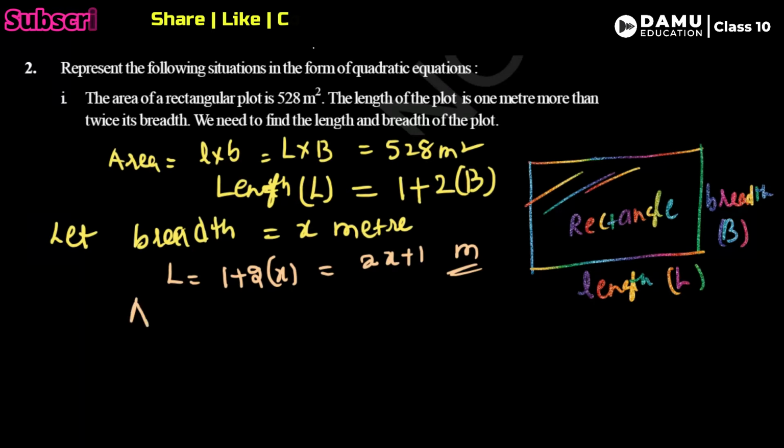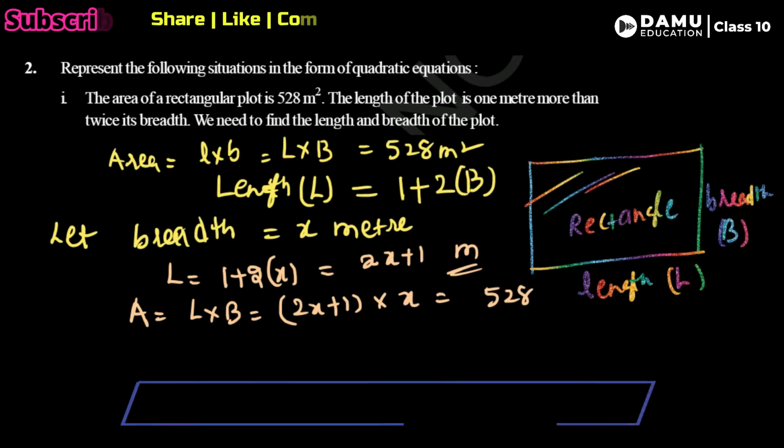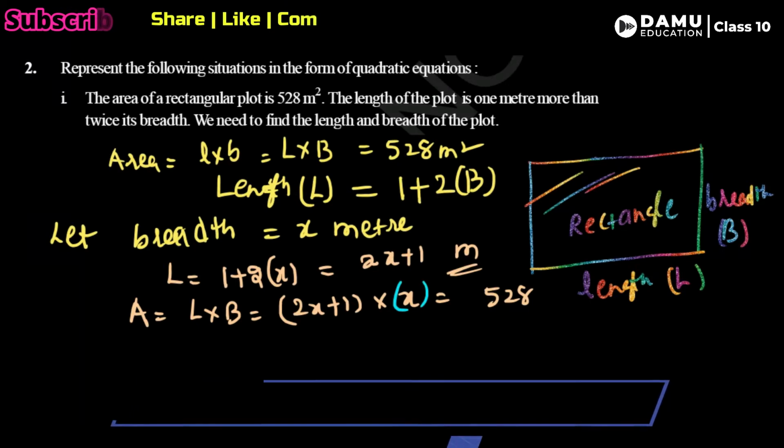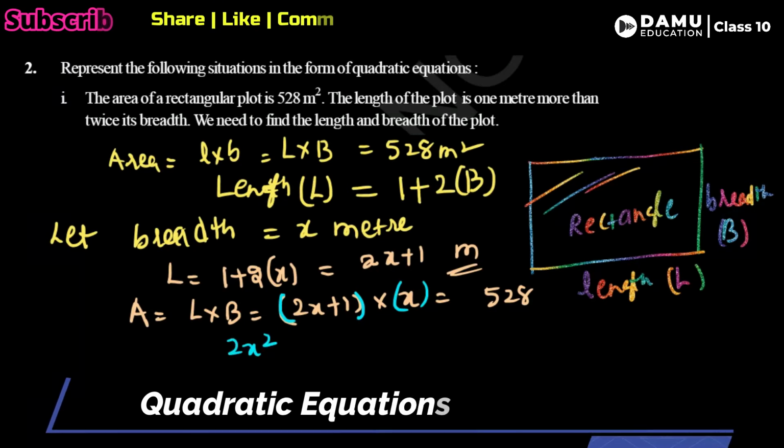Area will be equal to length into breadth. Breadth we have already taken as x meters. Length is 2x plus 1, into breadth x meters, that is 528 meters square. So 2x plus 1 into x: 2x into x is 2x square, plus 1 into x is x, equal to 528.